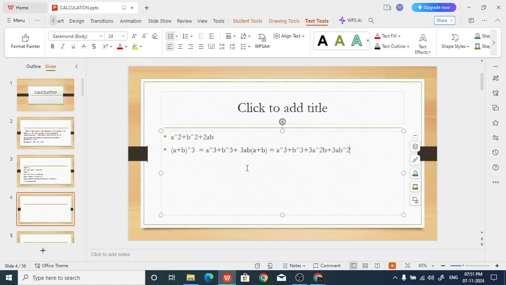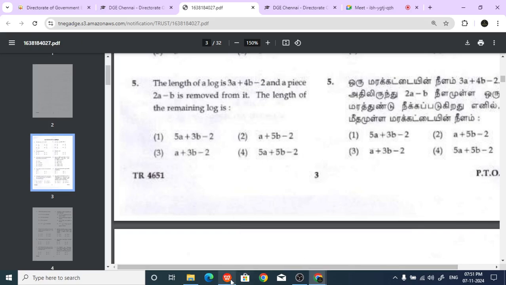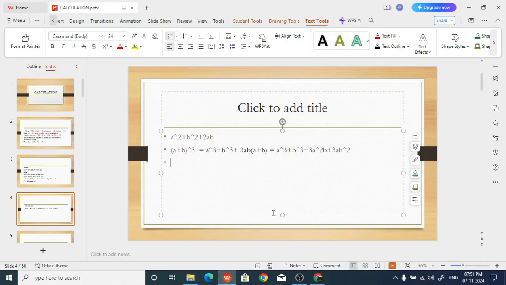So these are fundamentals. Tell me the problem. 1 minute. What is the problem? 3a plus 4b minus 2, sir. From this, you have to minus 2a minus b.